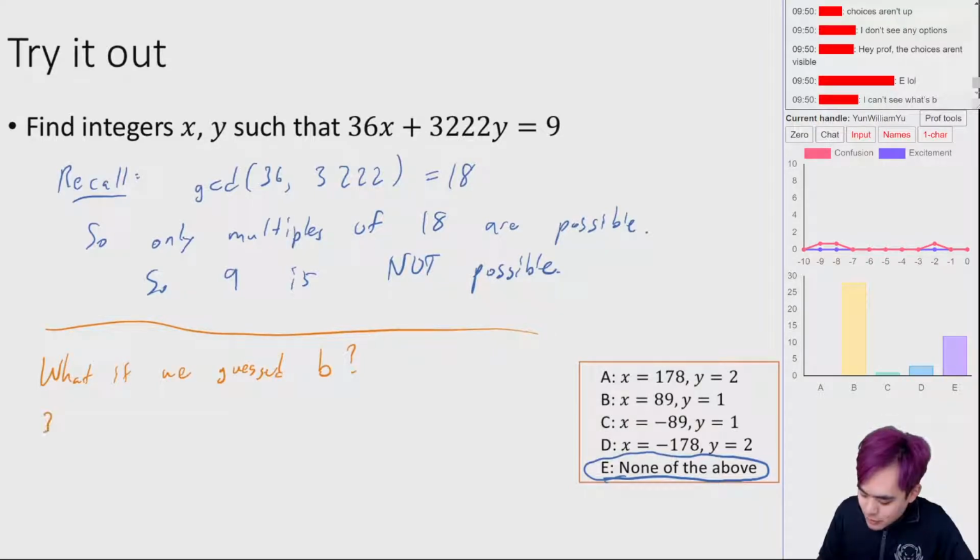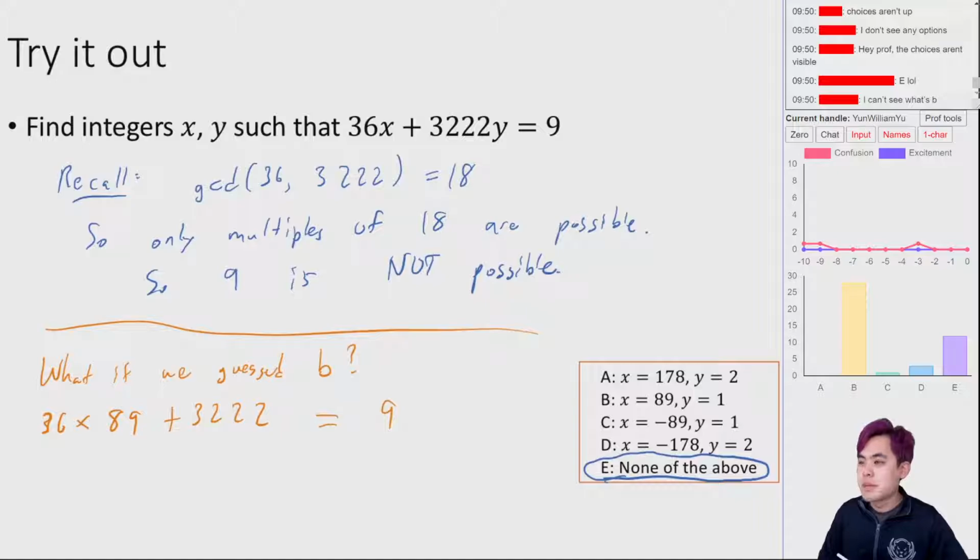So, 36 times 89 plus 3,222. Is that equal to 9? If you figure this out, you'll notice that all these are positive numbers and they're bigger than 9, so this is not equal to 9. Even if you manage to get the answer B somehow, you should still double check by multiplying back in to see if you get the answer you want. And in this case, you very clearly don't.